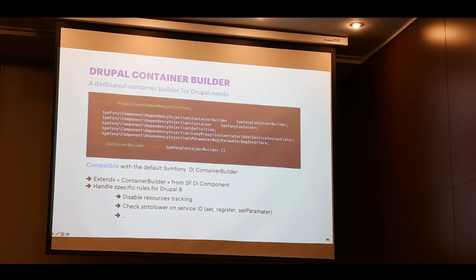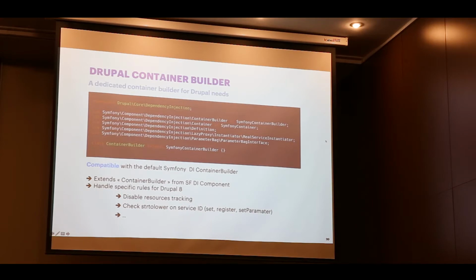So here you have the Drupal container builder. It's very important. Drupal tries not to copy paste lines of code between projects, but in fact there is some; the YAML file is a copy paste from the Symfony dependency injection container.